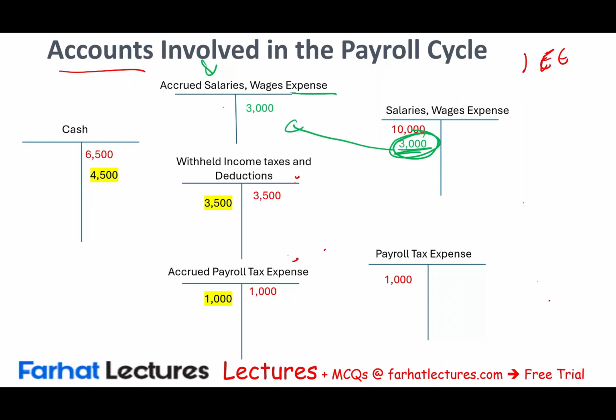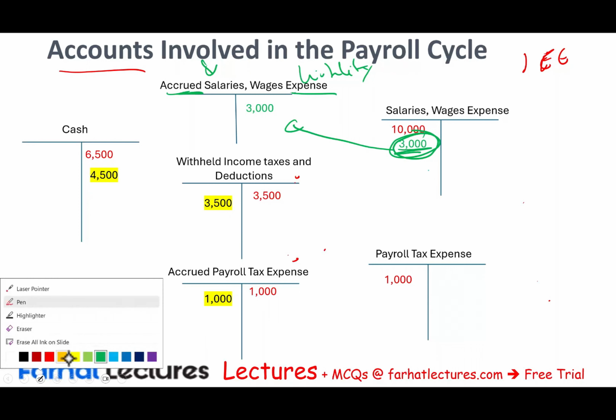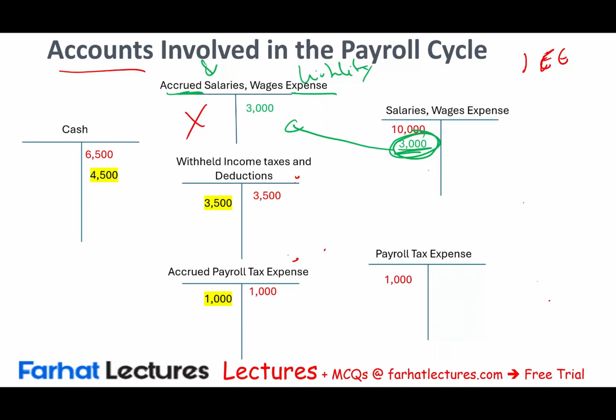We will credit accrued salaries expense, which is a liability. So we debit an expense, credit a liability for 3,000. Then eventually we pay off this liability. We debit this liability and we credit cash for 3,000. But those are typically the transactions that occur in the payroll cycle.